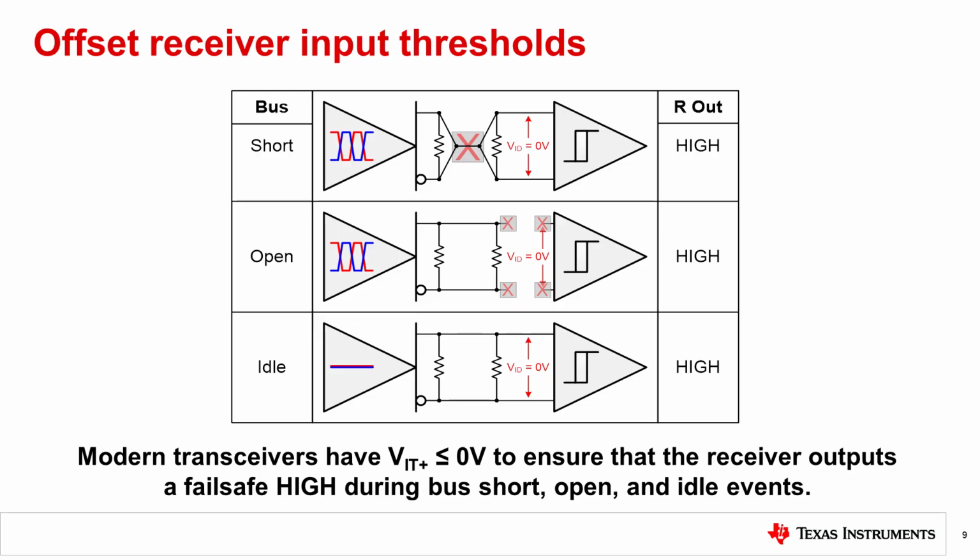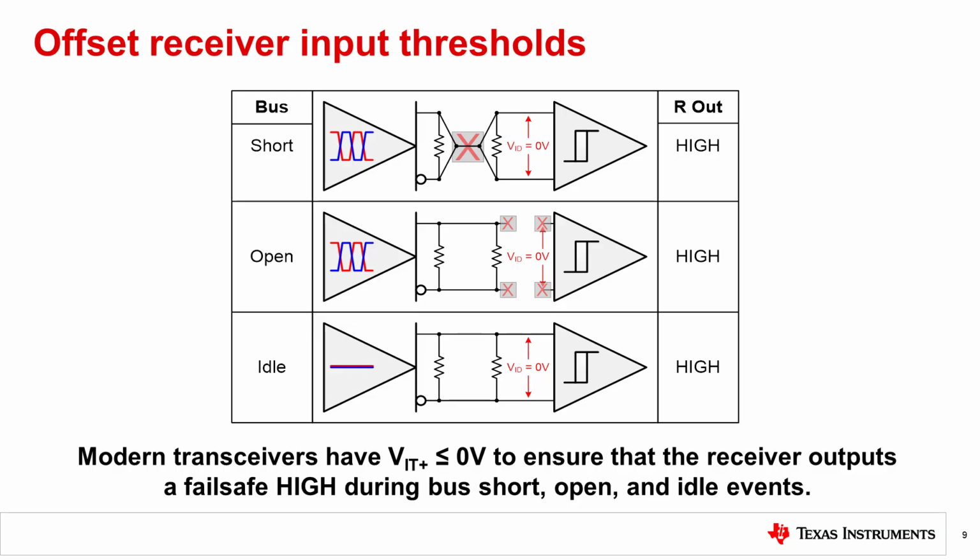During bus short events, the A and B receiver input terminals are shorted together, creating a differential input voltage VID of 0 volts and a high receiver output. During bus open events, the A and B terminals are floating, and the receiver comparator inputs are determined by the receiver input bias network, which are equal, creating a differential input voltage VID of 0 volts and a high receiver output.